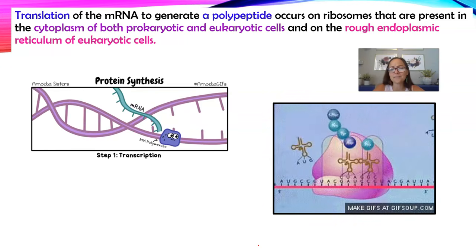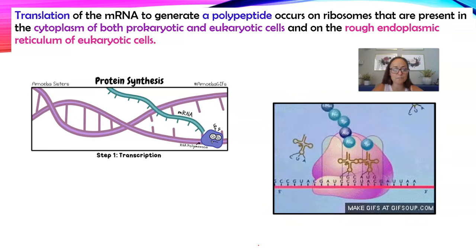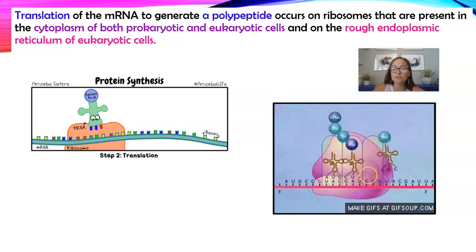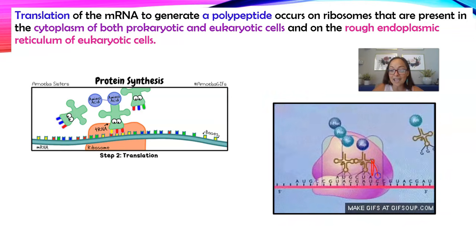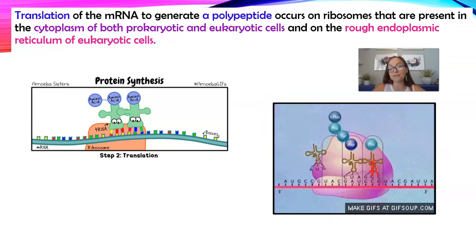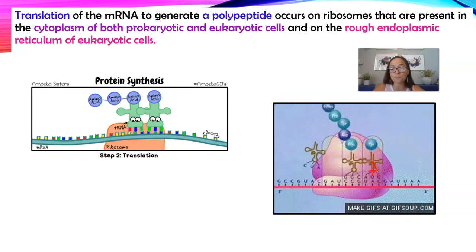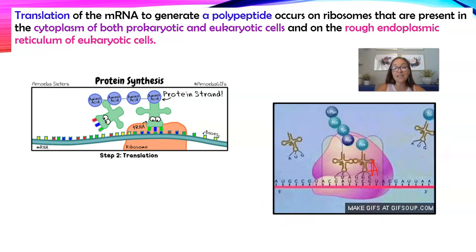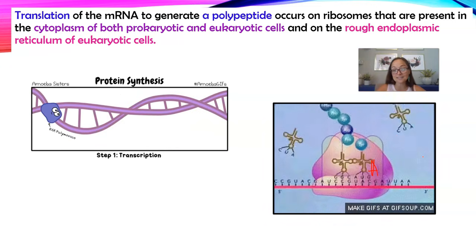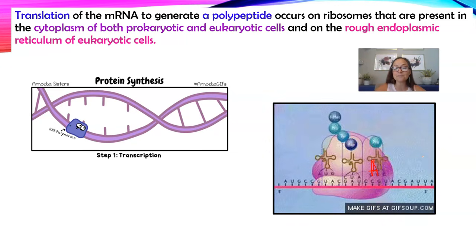So depending on your teacher, some teachers may go into more detail on this, but you can see right here on this GIF, this right here is the A site. If your teacher references different sites on the ribosome, the A site is where the arriving tRNA carrying the next amino acid is in the ribosome.